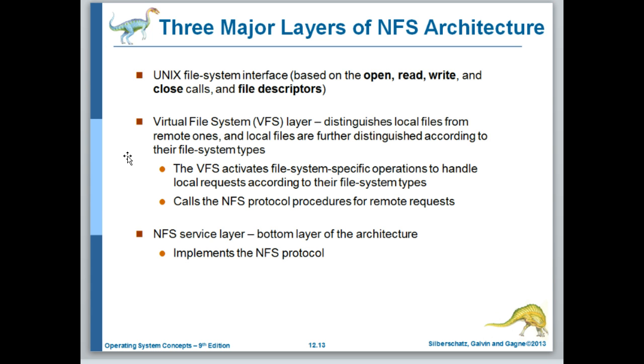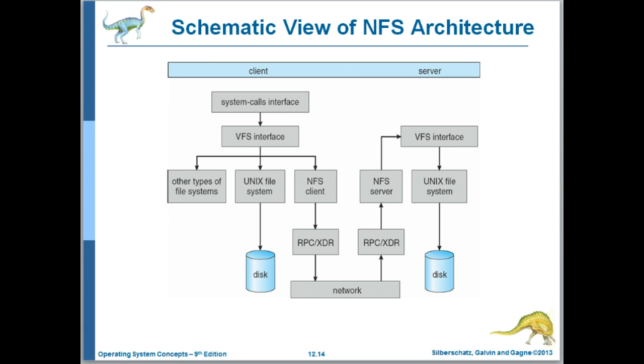So, for example, for Linux, that could be Rock Ridge for optical drives, ext3 or ext4 for traditional disk drives, and now NFS. And then, of course, below the virtual file system layer, we have the NFS service layer. So here we see a traditional layered architecture.